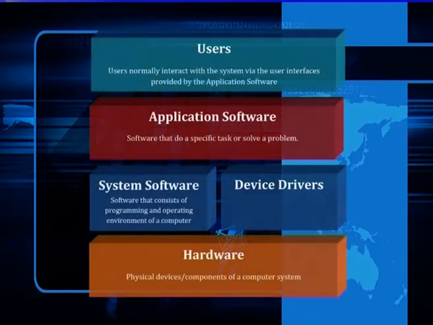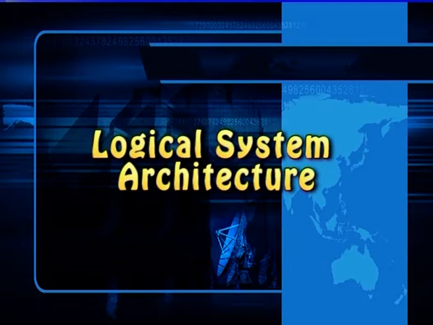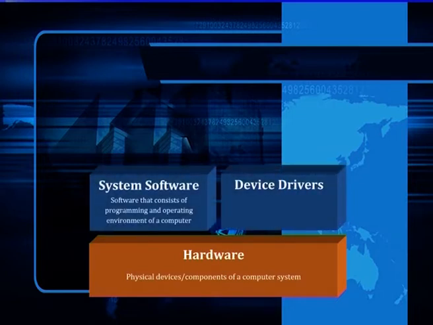The diagram on the screen depicts the relationship between hardware, system software, application software, and users. It is also known as logical system architecture. At the lowest layer is the hardware layer, which comprises the hardware components or devices of the computer. Above the hardware layer are the system software and device driver layers.